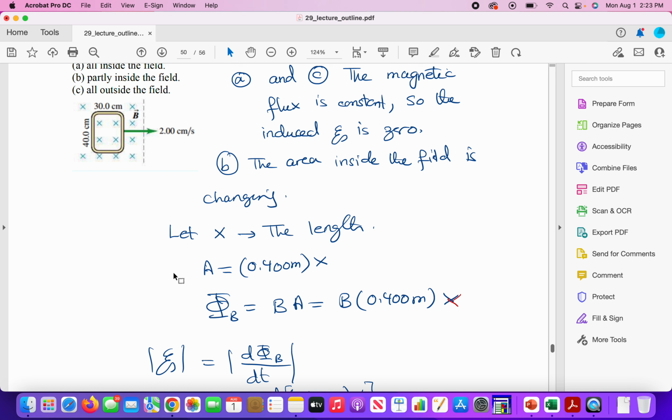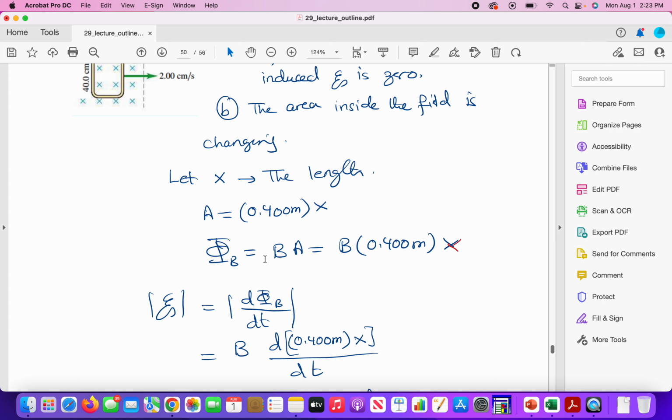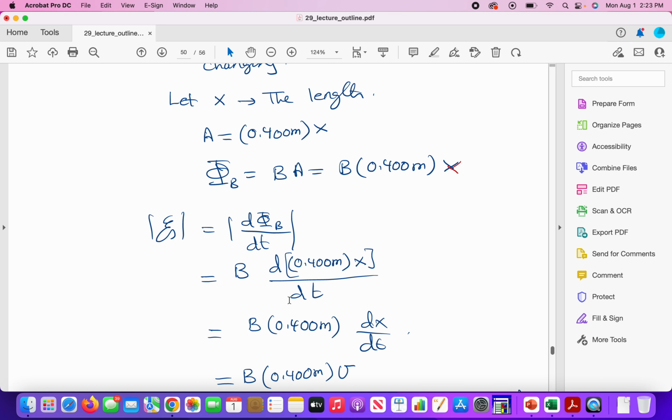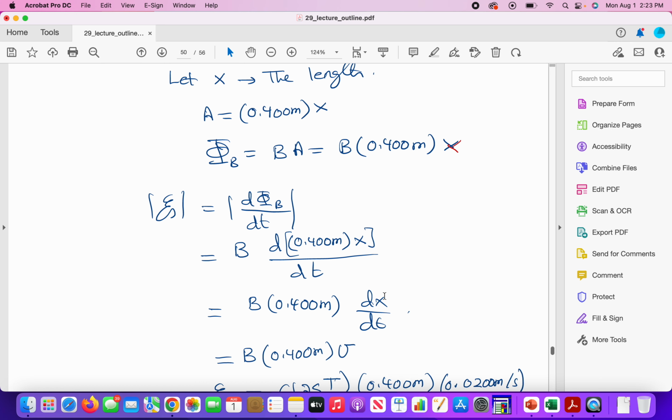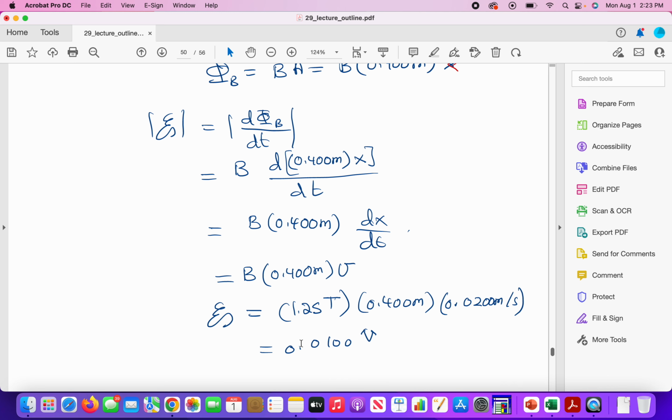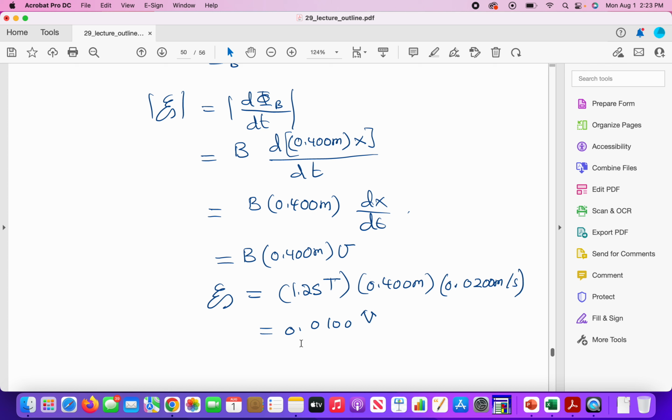Therefore B times 0.4 times x is the flux. The EMF magnitude equals dΦB over dt, and dx over dt is the velocity, the speed, and that is the EMF that is induced.